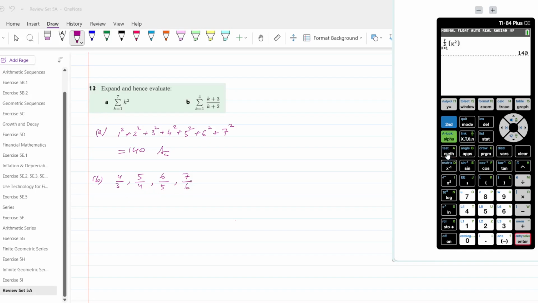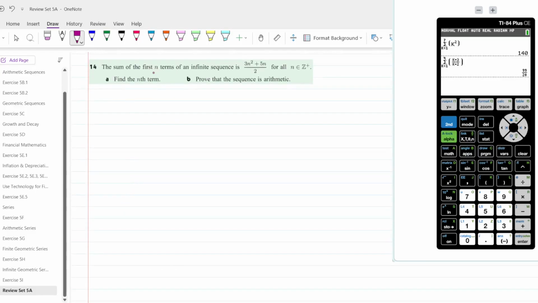So again, k equals 1 to 4, k plus 3 divided by k plus 1, k plus 2. So this comes out to be 99 divided by 20, and that's the answer. Let's go to the next problem.